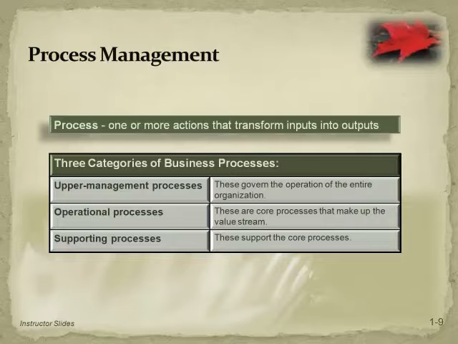And examples of supporting processes could be human resources. So in order to produce our products and services, we have to have skilled employees that are trained in certain areas, have certain knowledge. Other processes could be other training that we give to our employees to enhance those skills and knowledge that they come in with.